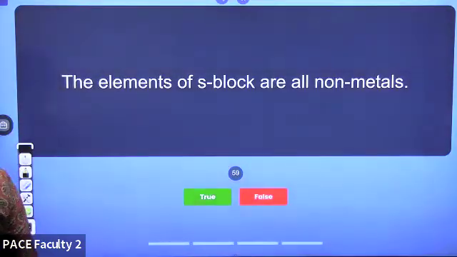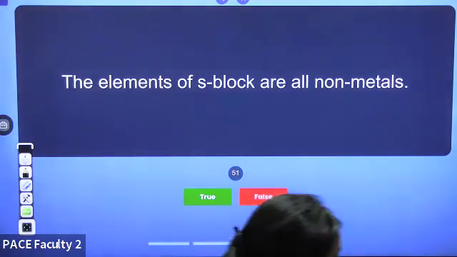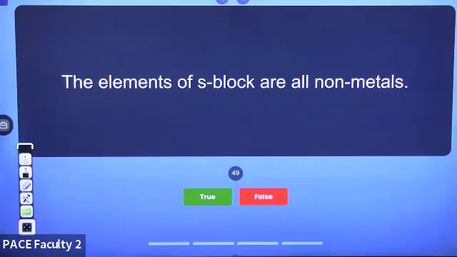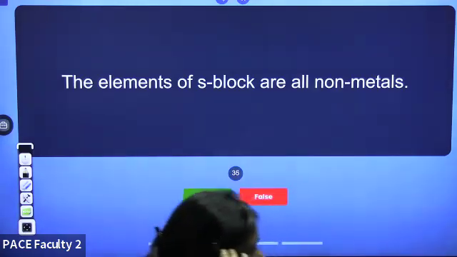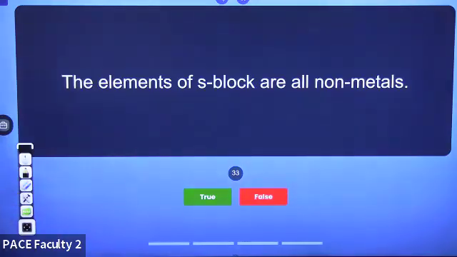Question number 1. Elements of S block are non-metals. True or false? Elements of S block are non-metals. False. Okay, I have answers from Lahul, Dumka, Nichar, Ambasa also has answered. Telangana, where are you?